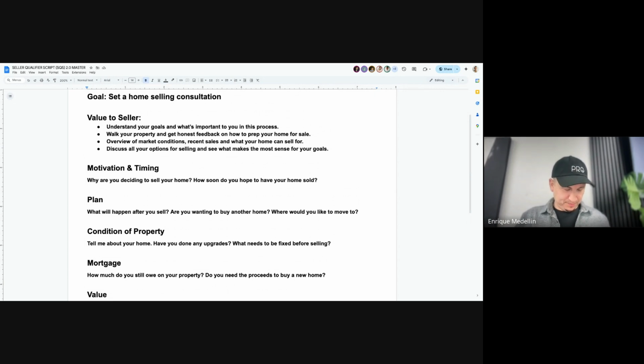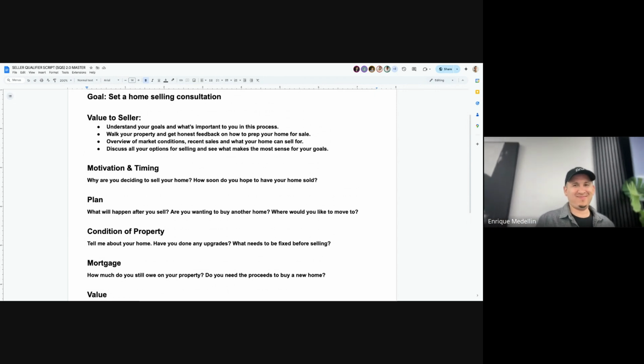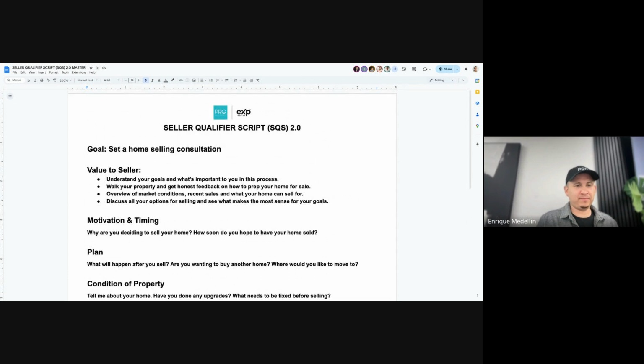We updated the floors and the kitchen and the bathrooms, a lot of the major stuff. Okay, is there anything in particular that needs work before selling? The roof is getting kind of old, but I think for the most part, it's okay. Okay, and on your home, how much do you still owe on your property?